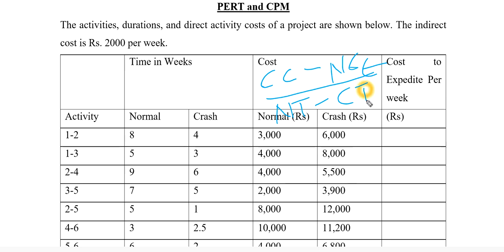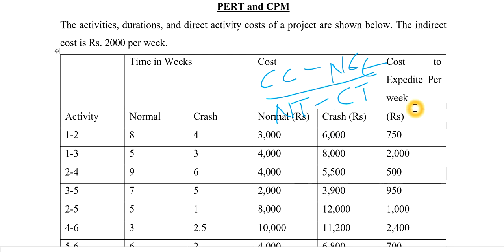This is the formula to calculate the cost to expedite per week or the slope of the activity. With this formula we can calculate the slopes for all the activities. So now I have calculated the slope of all the activities with the help of this formula, as you can see here.